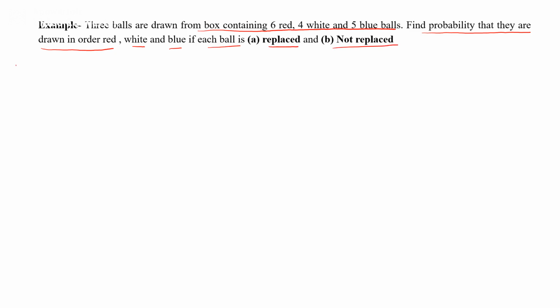So here we are given a container that has 6 red, 4 white and 5 blue balls. Now because we want to find the probability in that order, in the first round we get red, second round we get white and third round we get blue.